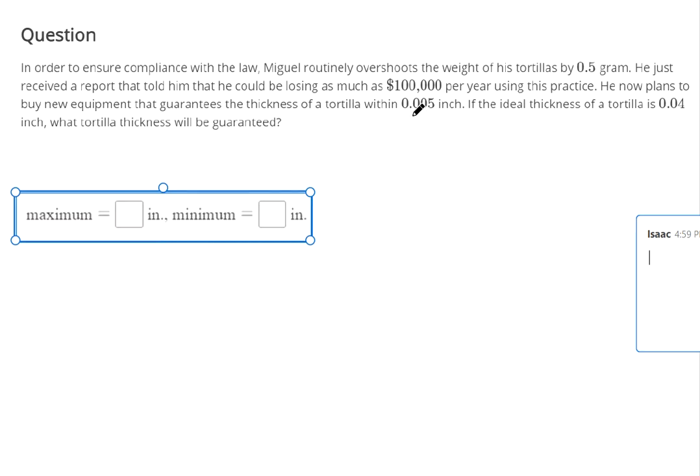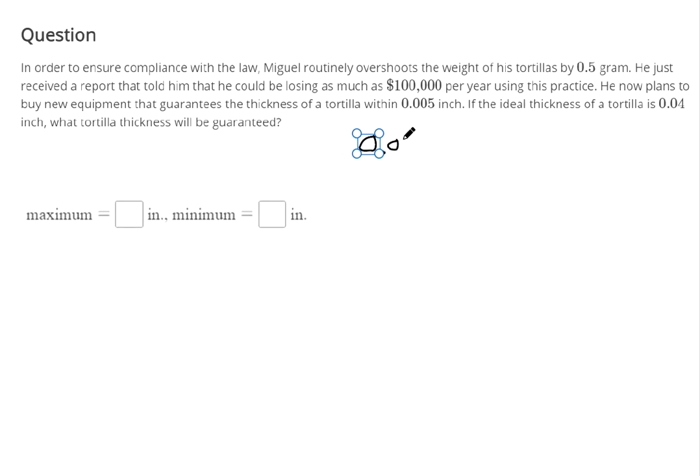That could be plus or minus. So the tortilla thickness, the ideal is 0.04. And if we measure out 0.04 on the scale, what it's saying is that you're plus or minus 0.005 inches.